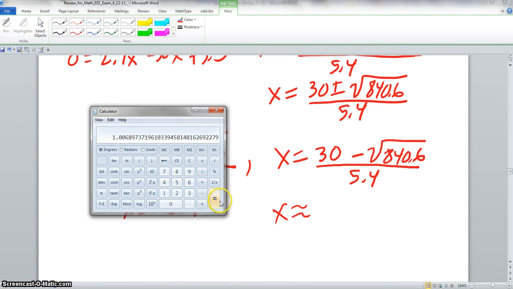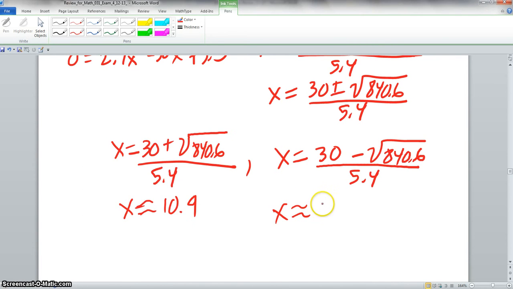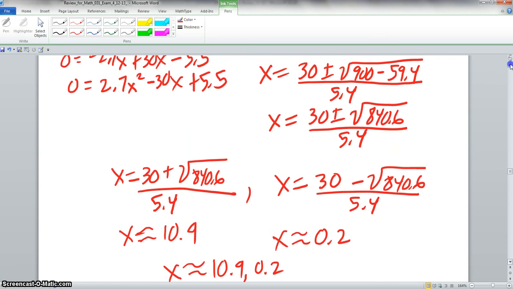And this will give us 1 point, this decimal here, divided by 5.4, which will give us approximately, if we round to one decimal place, 0.2. So our final answer is x is approximately 10.9, 0.2. Now let's go back to our original question.